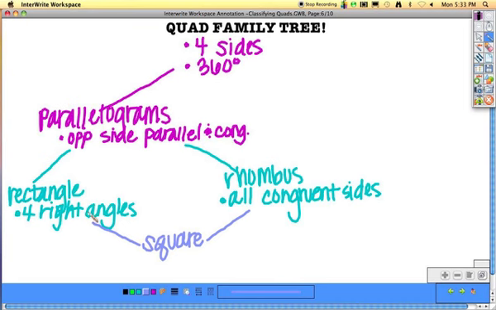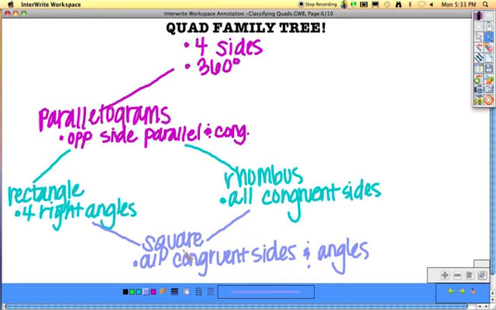Squares have four right angles. Squares have all congruent sides, but in order to be a square, you have to have both all congruent sides and angles.